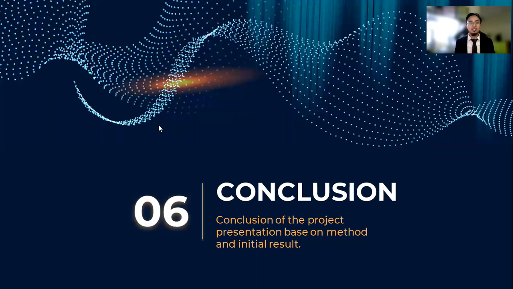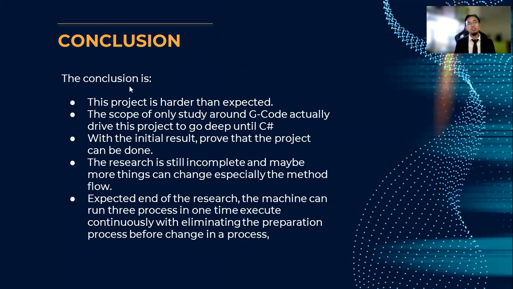Alright, so we go next to the conclusion of the project. The conclusion is this project is harder than expected. The scope of only studying G code actually drove the project to go deep into C programming. The initial result proves that the project can be done, inshallah, in BDP2.